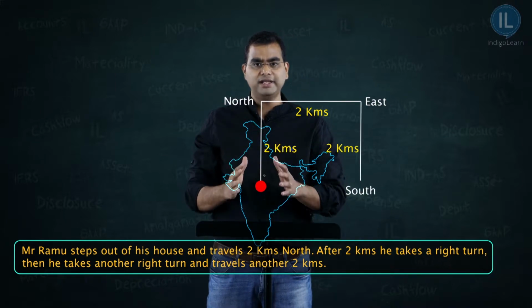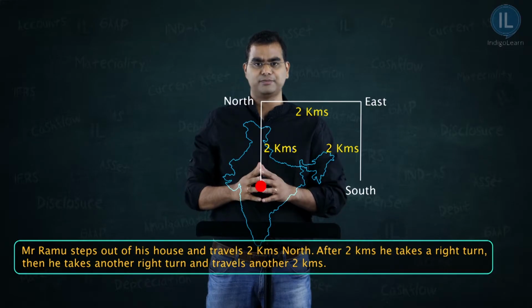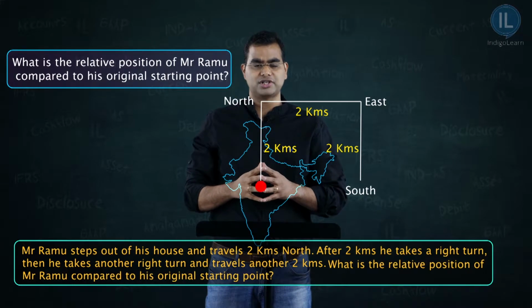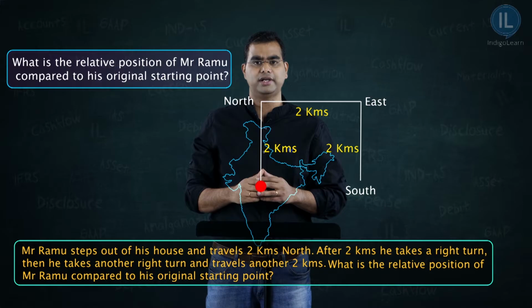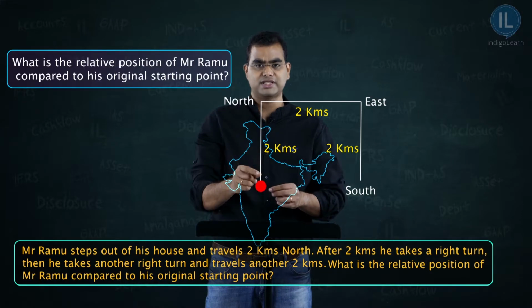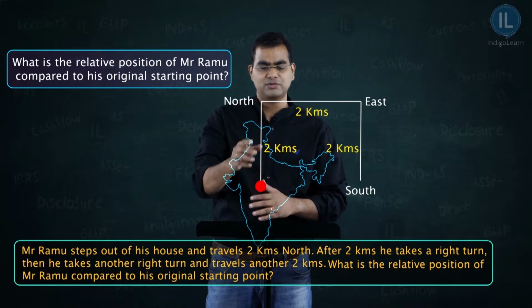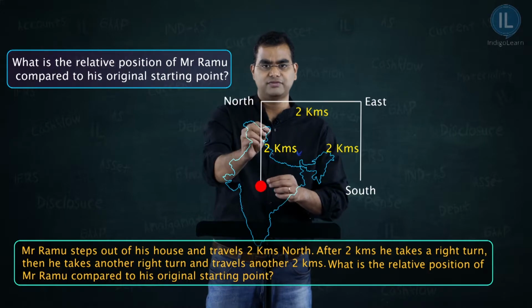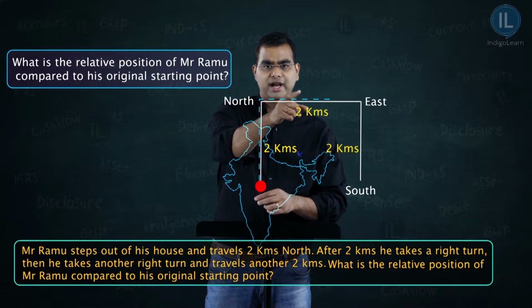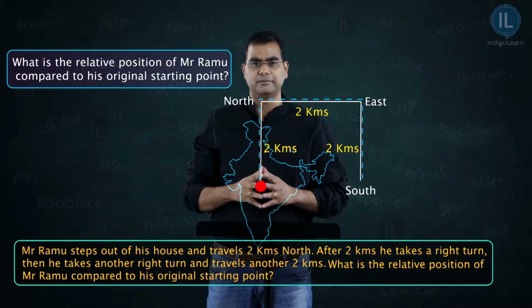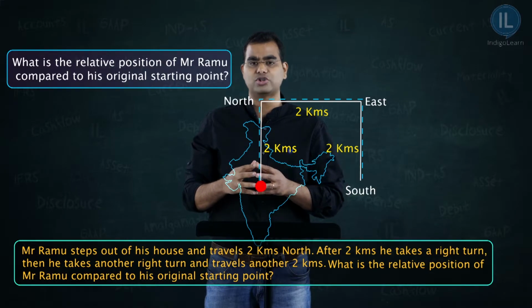The final question in the problem is, what is the relative position of Mr. Ramu compared to his original starting point? What do we see here, students? We see the direction in which Mr. Ramu has gone. Started from his home, went north, took a right turn and then came down further. By taking another right turn, he is actually on the eastern side compared to his original starting point.